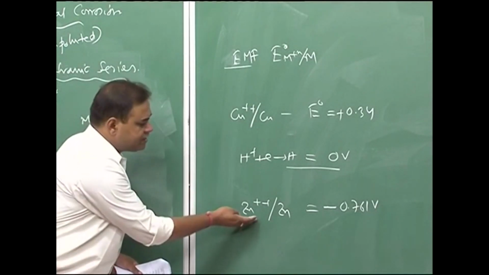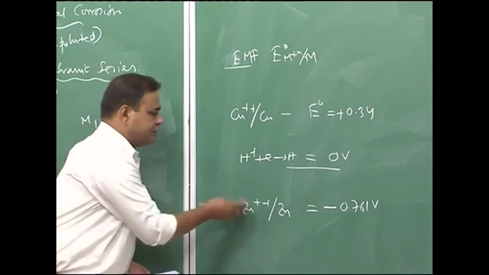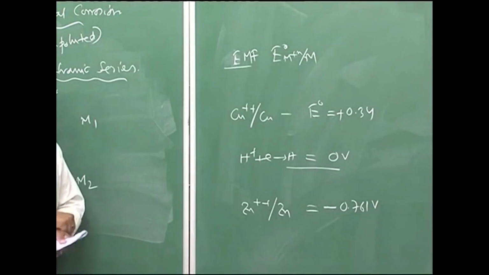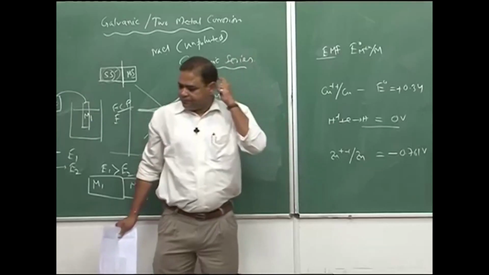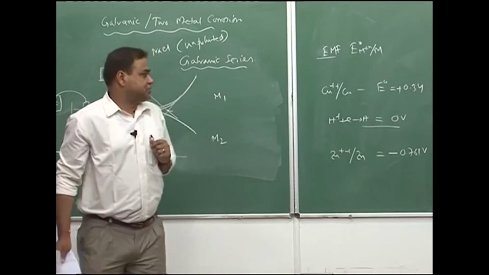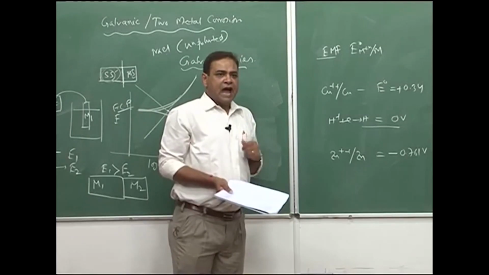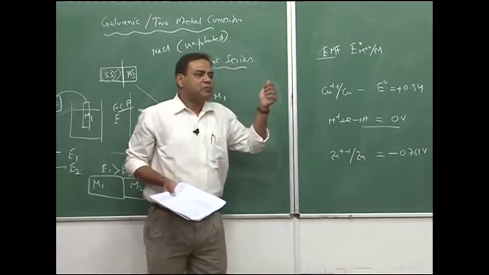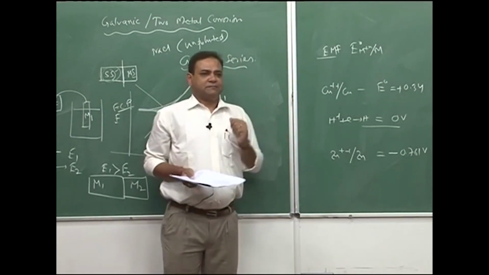That means the zinc ion concentration would be 1, or the activity of the zinc ion is 1, and there are no other species. But this is more or less an ideal situation, since in most cases we deal with alloy systems, and we do not deal with element concentrations of one activity.